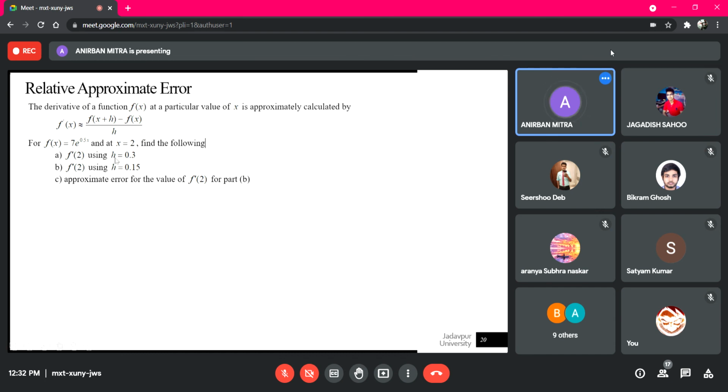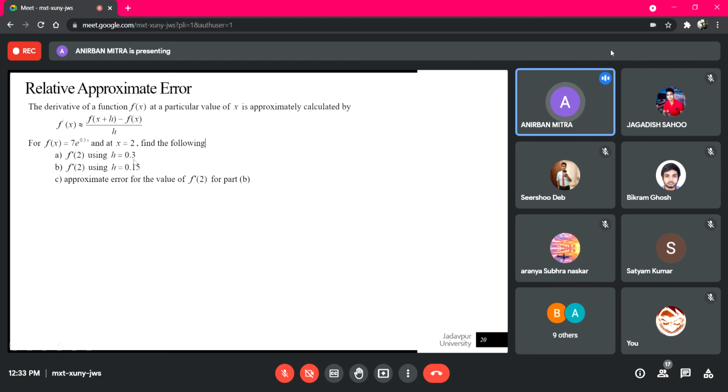But here we have two different values of h. So h is equal to 0.3 in the first case. In the second case, h is equal to 0.15. So let us consider this as part of a numerical procedure where in each step we are reducing the step size. Step size here is indicated by h.